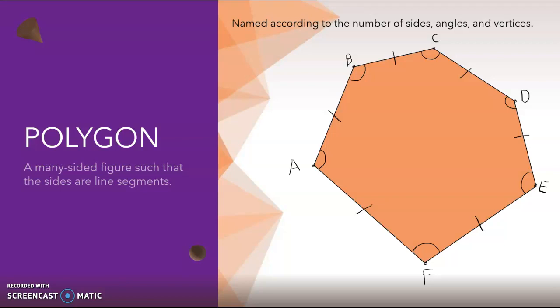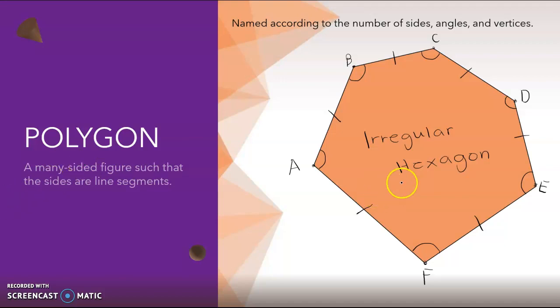Specifically, this polygon is the hexagon A, B, C, D, E, F, since the vertices are labeled with those letters. Because all of the sides are different lengths, this is called an irregular hexagon.